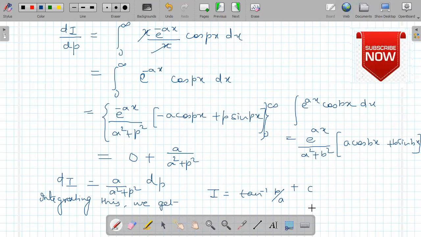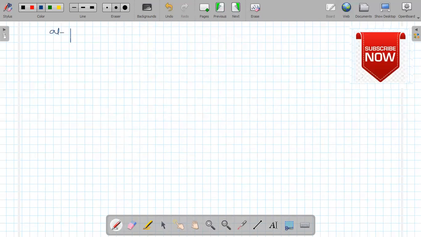Now if I put p is equal to 0, I use this condition.